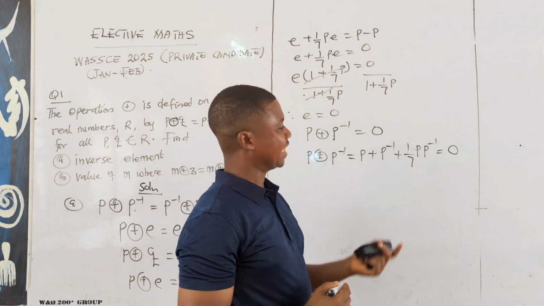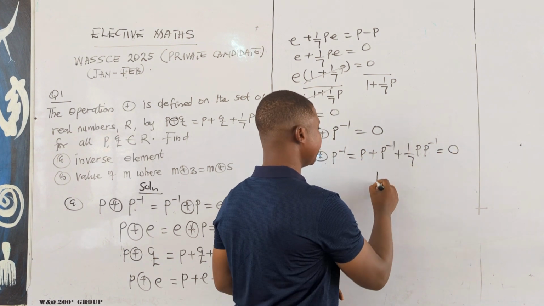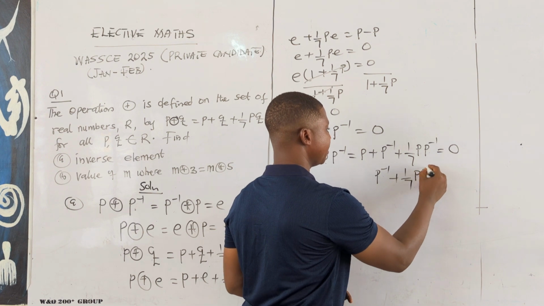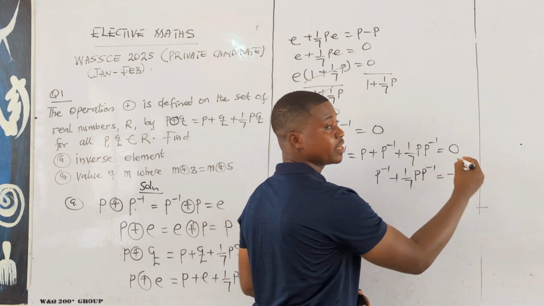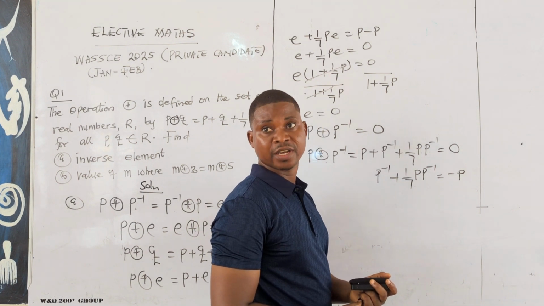Now we want the inverse. This P we send here, so P inverse + 1/7 P P inverse is equal to negative P. At this stage, we have to factor our P inverse out.